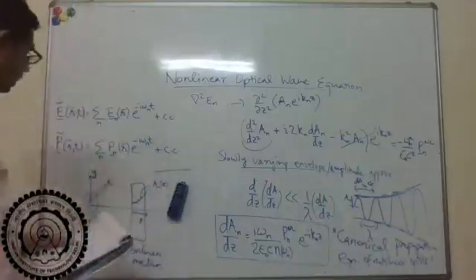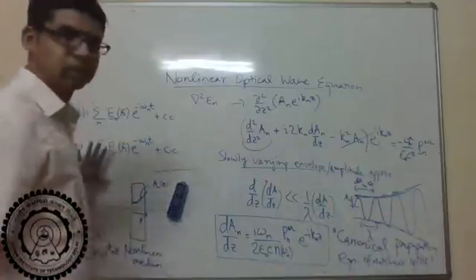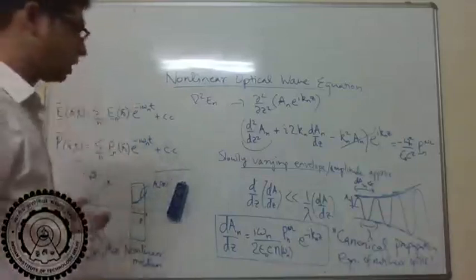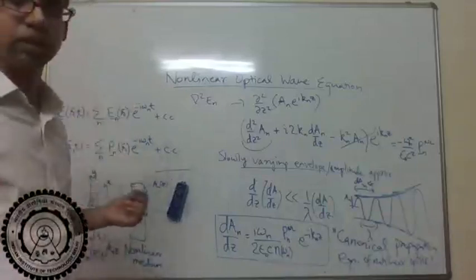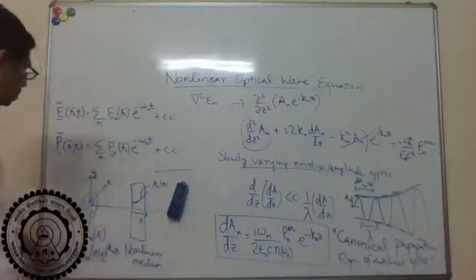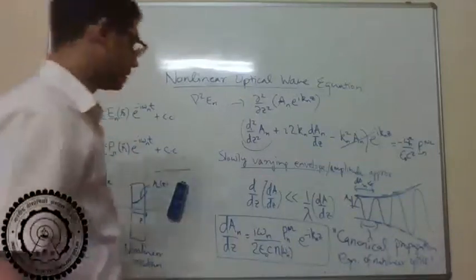That u of x,y solves the transverse wave equation. If you have done courses in fiber optics or integrated optics, you'll know how to solve for modes. So this is some solution of the transverse part of the wave equation.